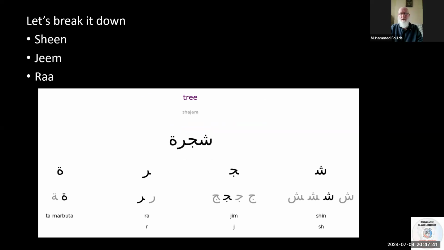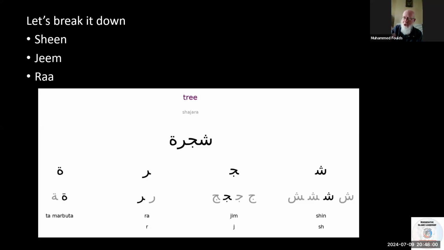And let's look at the term tree in Arabic. Shajara. So in Arabic, we may see, as I said to you, long words, and we need to be able to see the word.